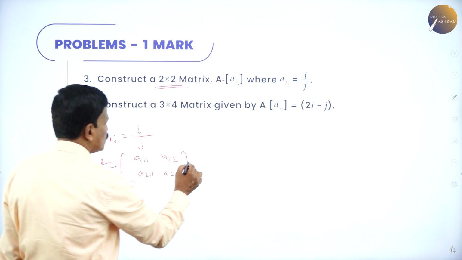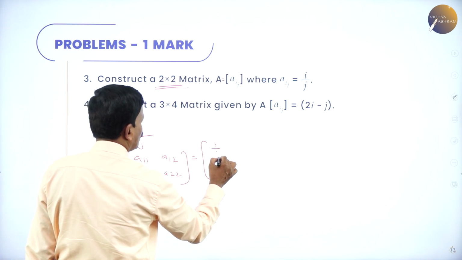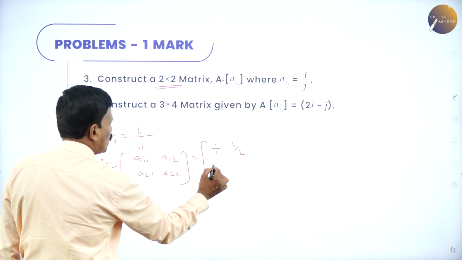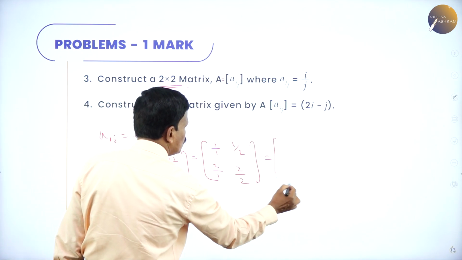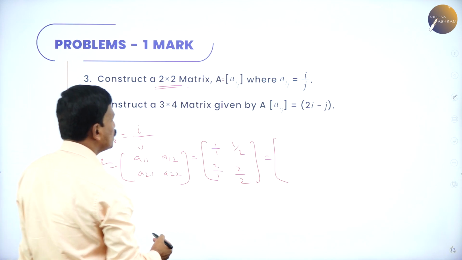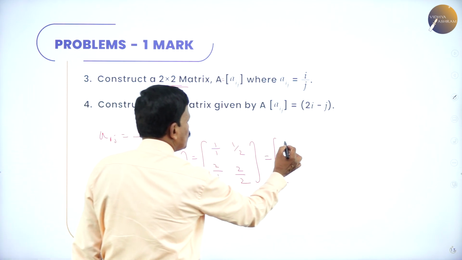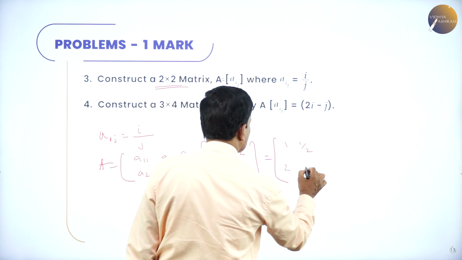So what is the condition given? i by j. So 1 by 1, 1 by 2, and this is 2 by 1, 2 by 2. Now 1 by 1 is equal to 1, 1 by 2, and 2 by 1 is 2, 2 by 2 is equal to 1.